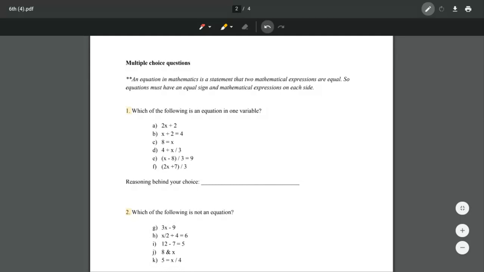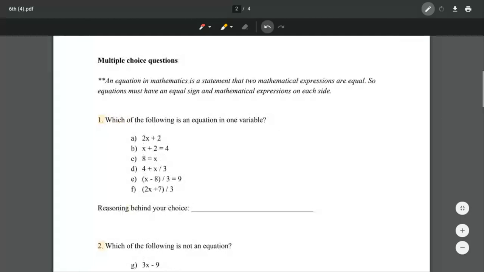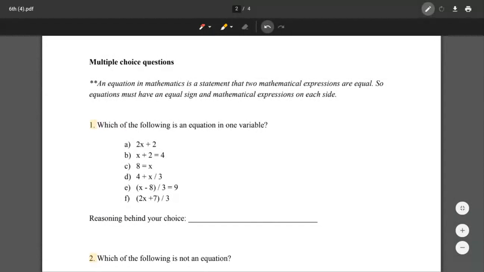So multiple choice questions. So here we're given the definition of an equation in mathematics. An equation is basically a statement that two mathematical expressions are equal.